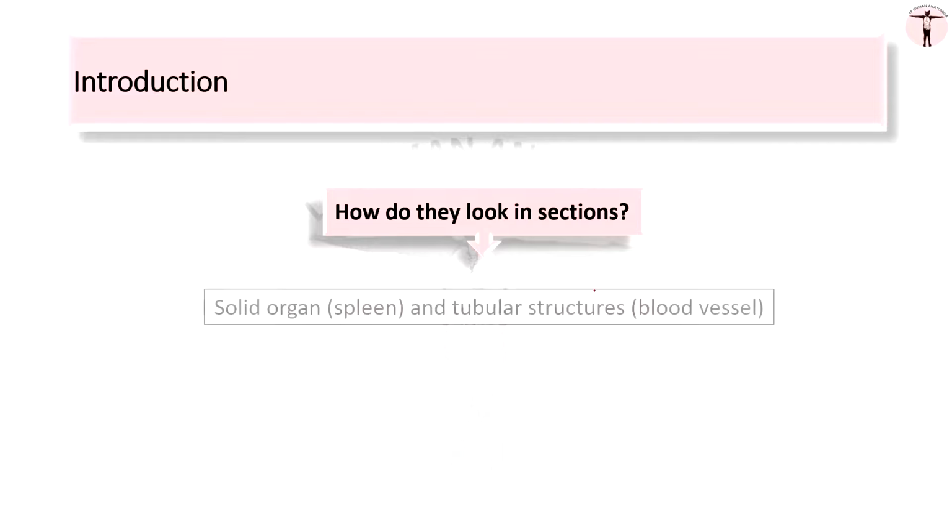Sections are normally composed of cellular, solid and tubular structures. The cells exhibit a variety of shapes, sizes and layers. Fibrous structures are solid and are found in connective, nervous and muscle tissues. Tubular structures are hollow and represent various types of blood vessels, ducts and glands of the body.